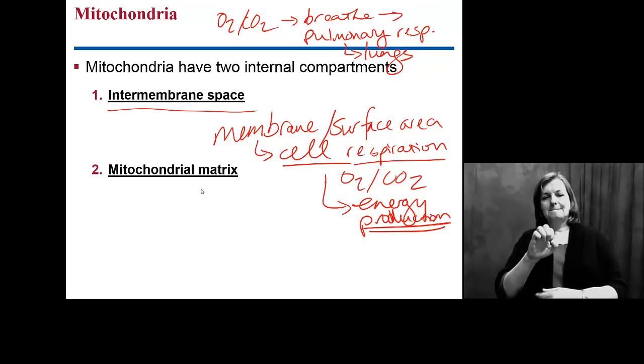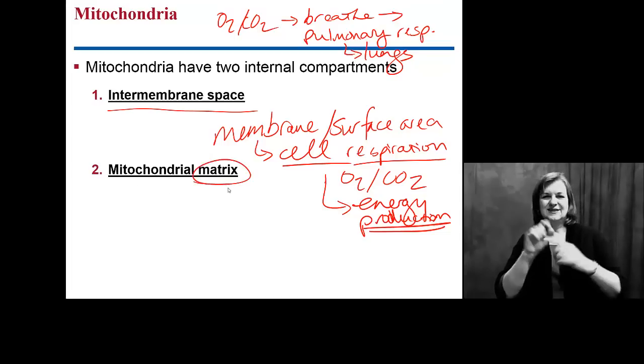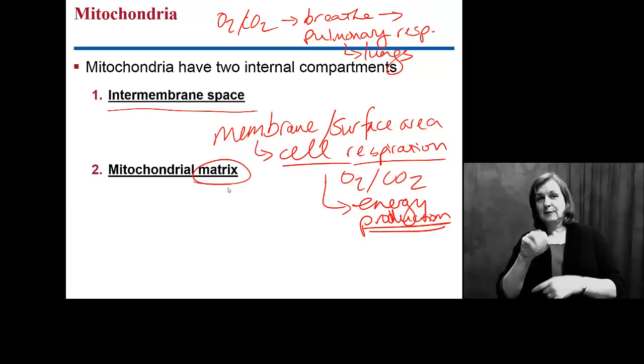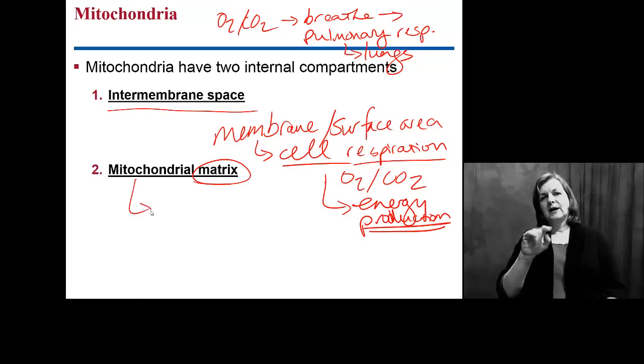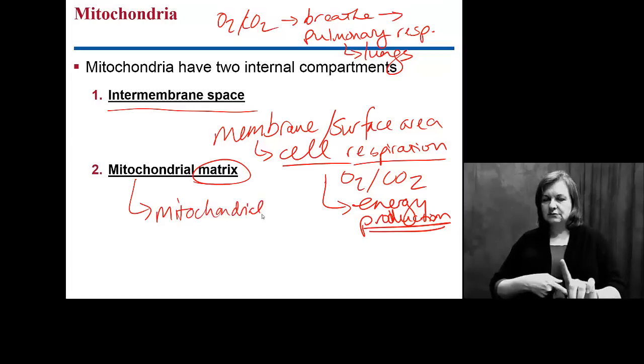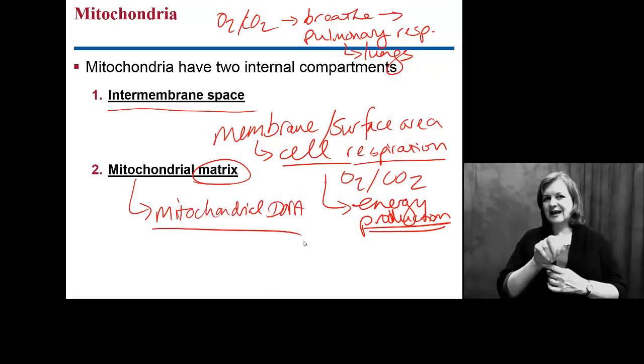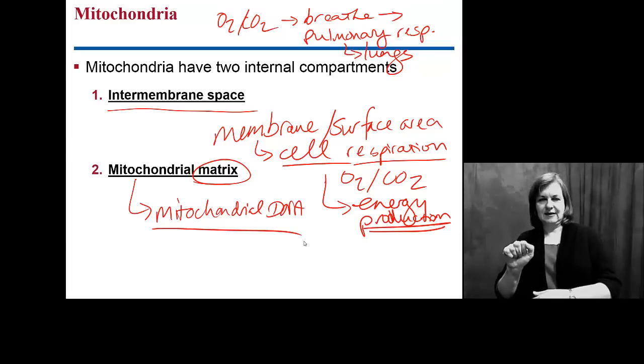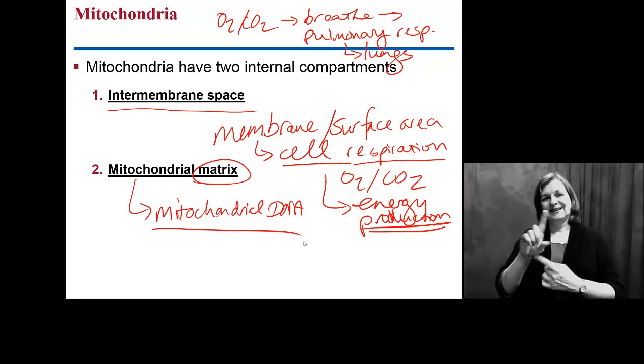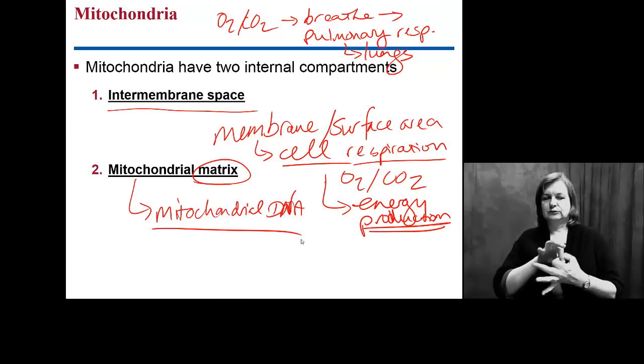Inside the mitochondrial matrix, which is this maze-like membrane inside the mitochondria, we're going to find mitochondrial DNA. And before you get all upset, yes, this is different than the nuclear DNA we've already talked about. Mitochondrial DNA is very specific to the mitochondria.